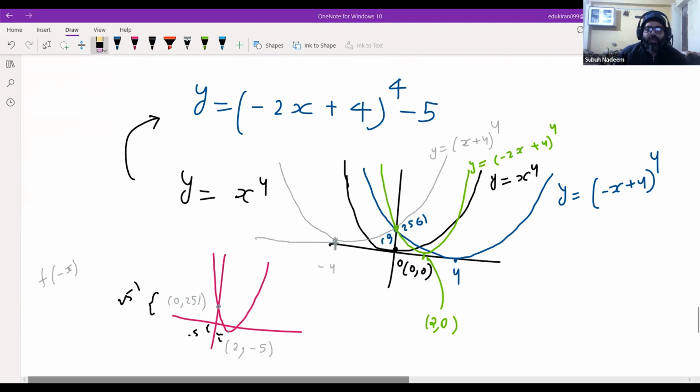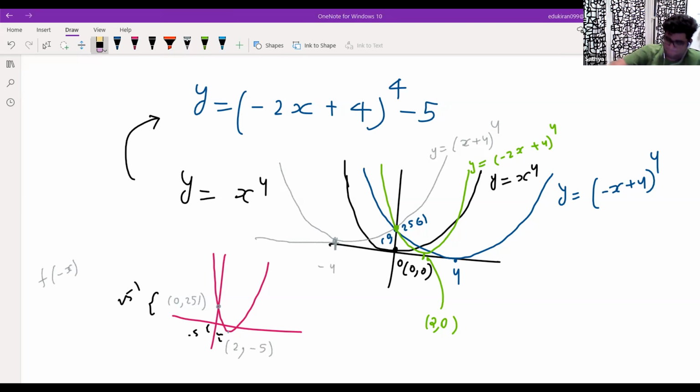Is it clear? Conceptually, it is clear now. Kind of. If you come to the questions that they give, they won't exactly give this type of question where at infinity it is intersecting or something.